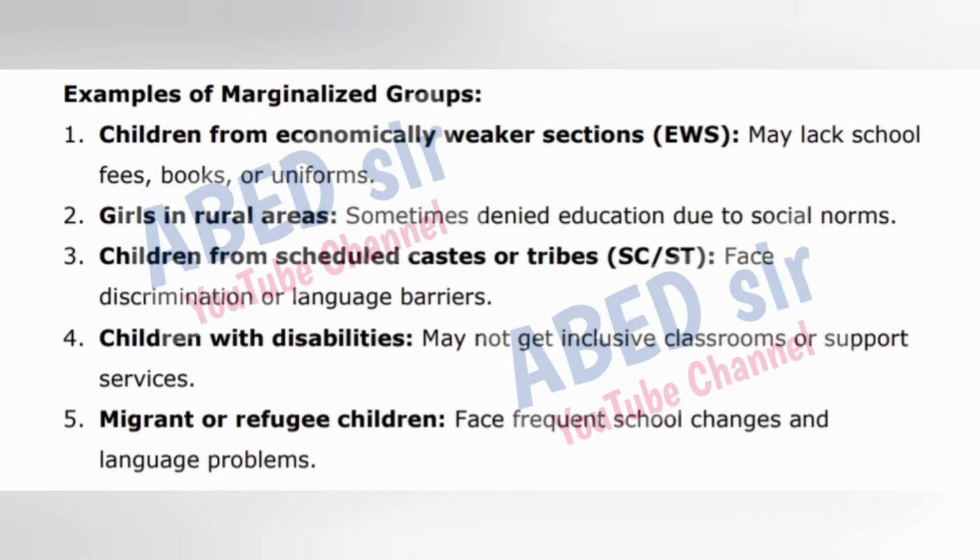Children from scheduled castes or tribes, SC, face discrimination or language barriers. 4. Children with disabilities may not get inclusive classrooms or support services. 5. Migrant or refugee children face frequent school changes and language problems.